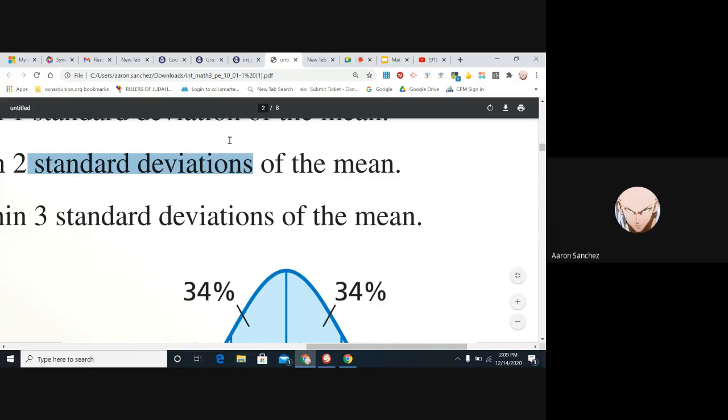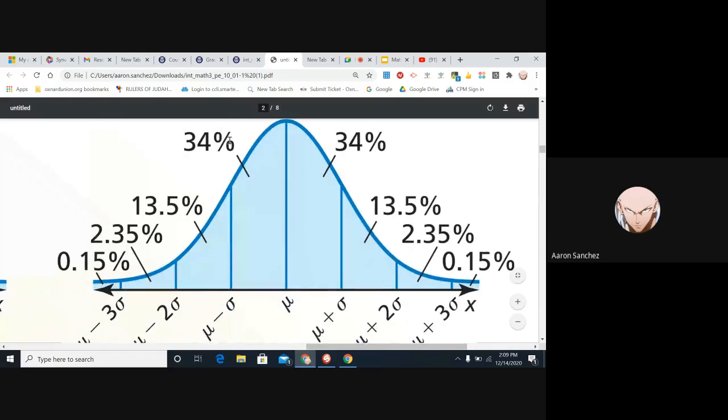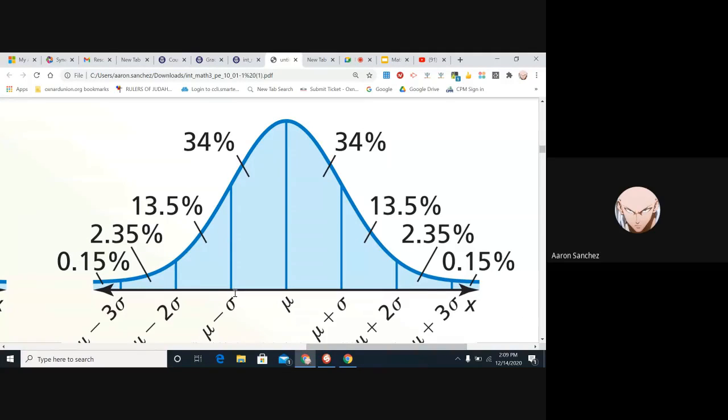Now, if you look at this, this is the mean. This is the mean plus 1 sigma, that means 1 standard deviation away from the mean. This is 2 standard deviations away. This is 3 standard deviations away. This is minus 1, minus 2, and minus 3 standard deviations away.